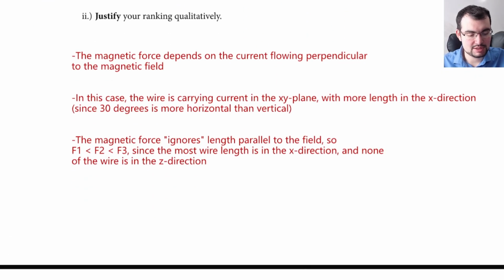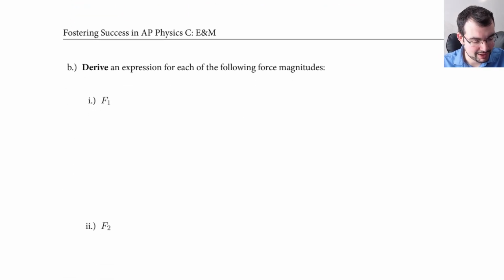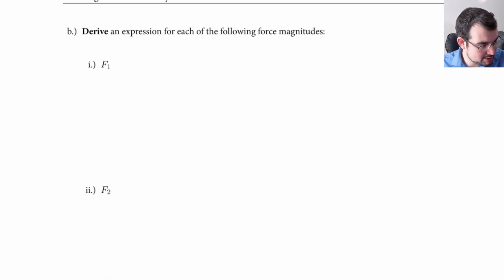Magnetic force depends on the perpendicular length, so the wire has more length in the X direction. If you ignore the X, you're ignoring more of the wire. Very tricky.